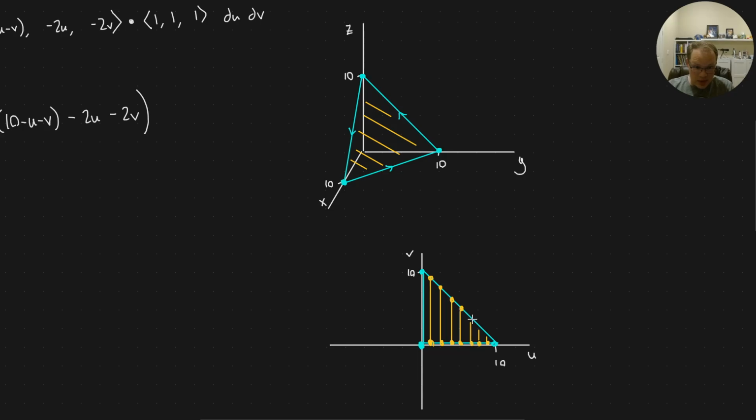Now this line's pretty easy to calculate. The equation of this line, let's use the variables we've chosen, v in place of y. The slope is, I'm going down 10, then over 10, so it's negative 10 over 10, which simplifies to negative 1. So negative 1, u in place of x, plus the intercept, which is 10. Okay, so v equals negative u plus 10.